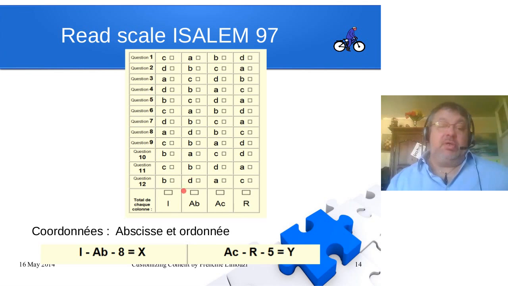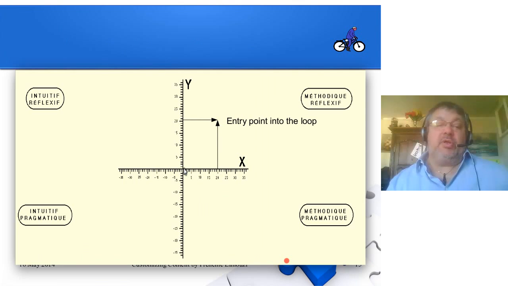The red square, yes, and we make points on a graph. We define the first time.